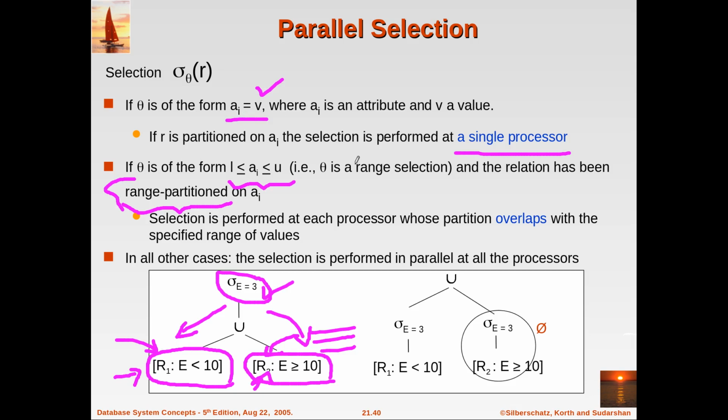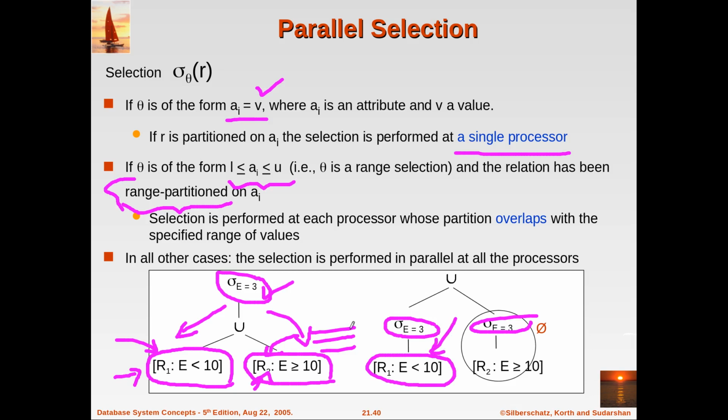Now, this is the general condition, a universal condition given for the entire set of tuples present in a relation. Similarly, if the task is to be distributed among two different processors, we can apply the same condition, E equal to 3, to the two different processors. But automatically we can see that the value E equal to 3 will always be present within this particular processor.